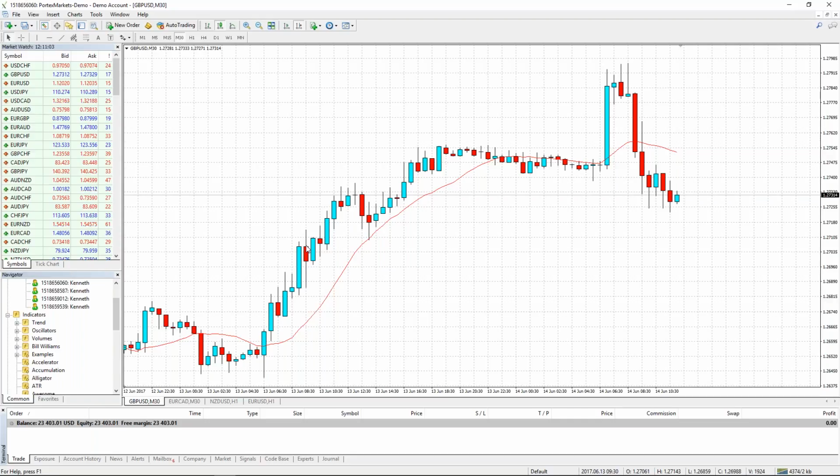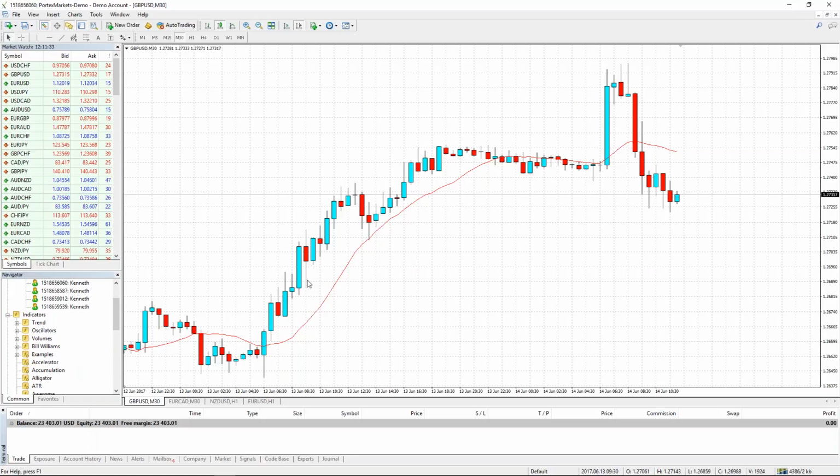These extensions past these, I refer to them as tails, but other people might use the terms wicks or even shadows. And what effectively that means is that from the opening price, the actual price during that 30-minute period may have extended quite considerably past where it opened and closed.